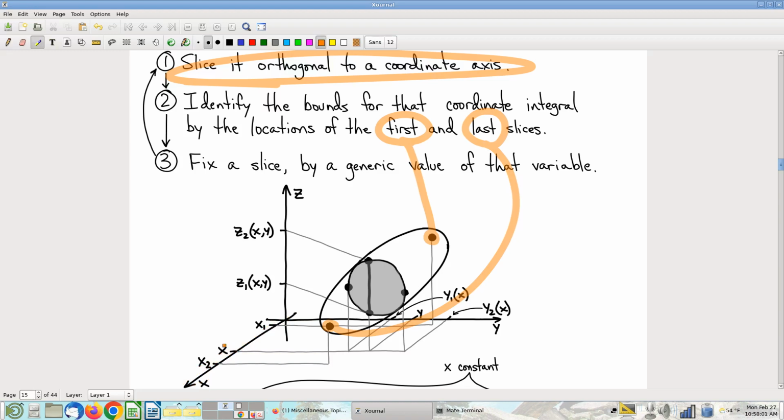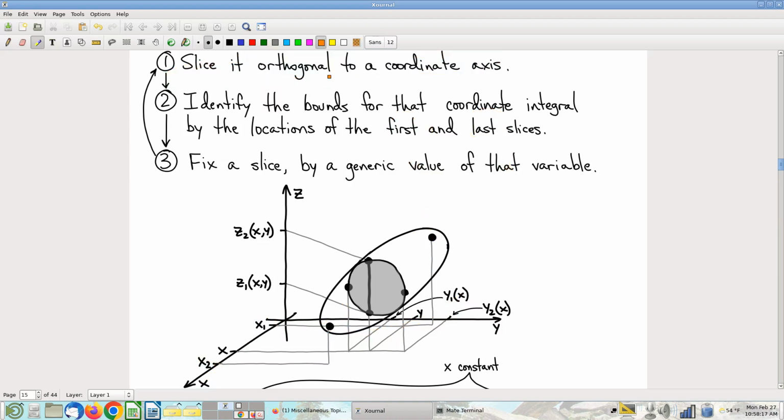So x1 comes from that point, x2 comes from that point, and once those are found, you then fix a slice. So we're going to fix x to be there. Our x slice looks like this.